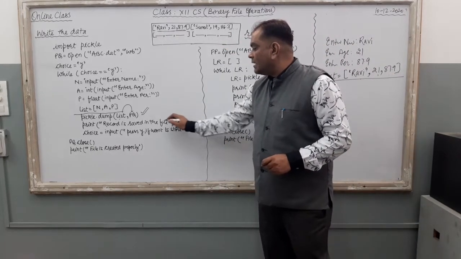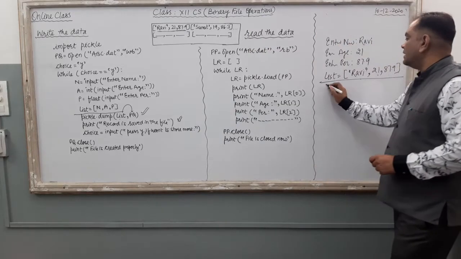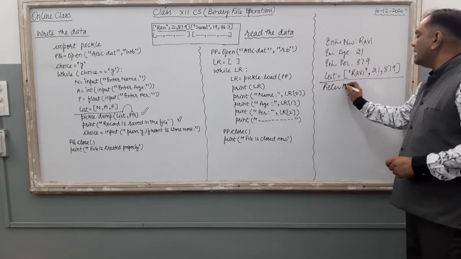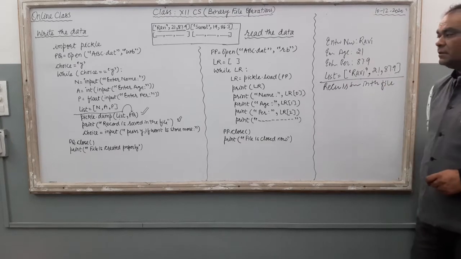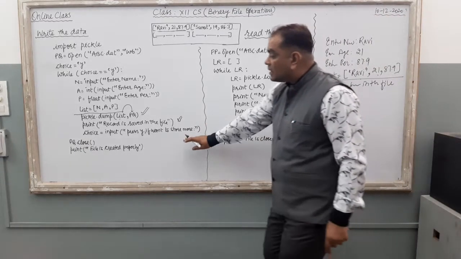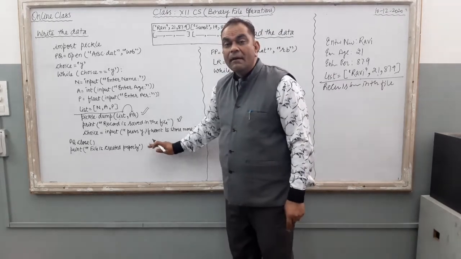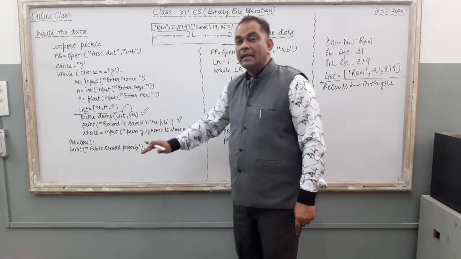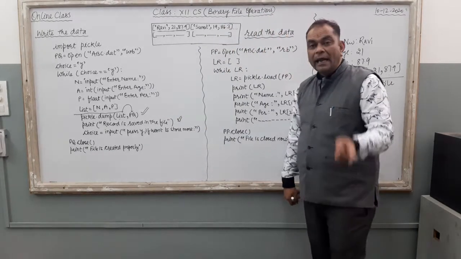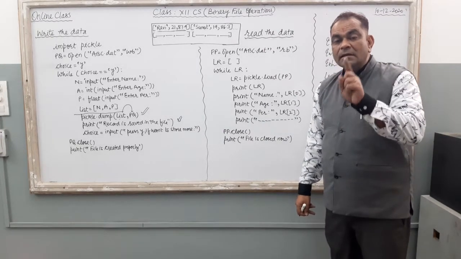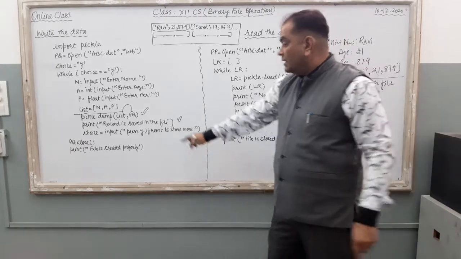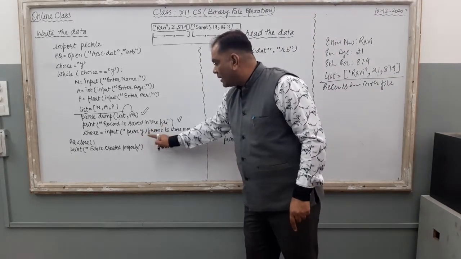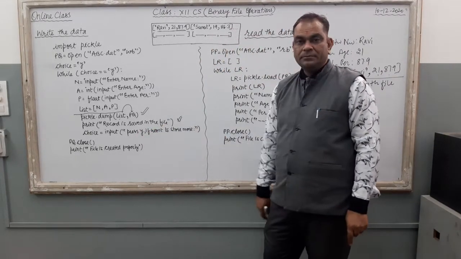Now one message is there on the monitor: record is saved in the file. Just below this, "record is saved in the file" will come. Right? Now the last line of the while loop is important. Just see what is there in the line: choice = input(...). Input means one message will be there on the computer's monitor, and the message is "Press Y if want to store more".